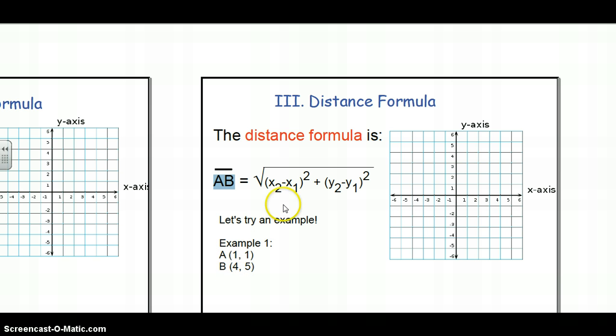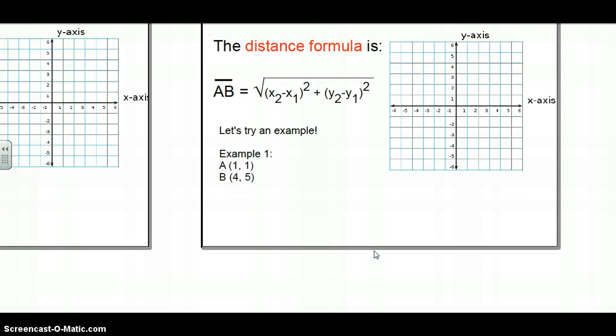So 4 minus 1 is 3 in this parentheses. The next one is 5 minus 1, which is 4. So 3 squared is 9, 4 squared is 16, and 9 plus 16 is 25. The square root of 25 is 5.